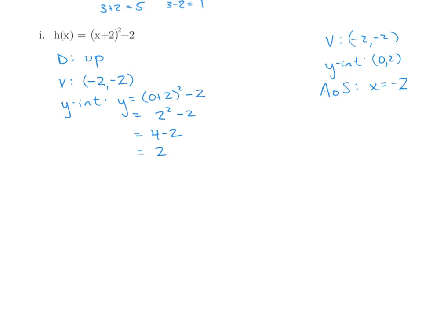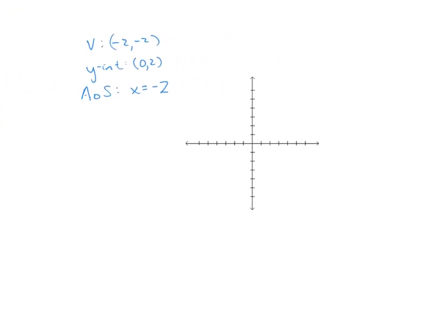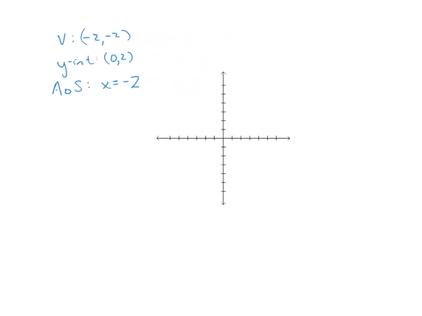All right, so let's go ahead and graph what we have so far. We have our vertex at (-2, -2), and we have a y-intercept at (0, 2). We have our axis of symmetry, and now we want to find a symmetric point.